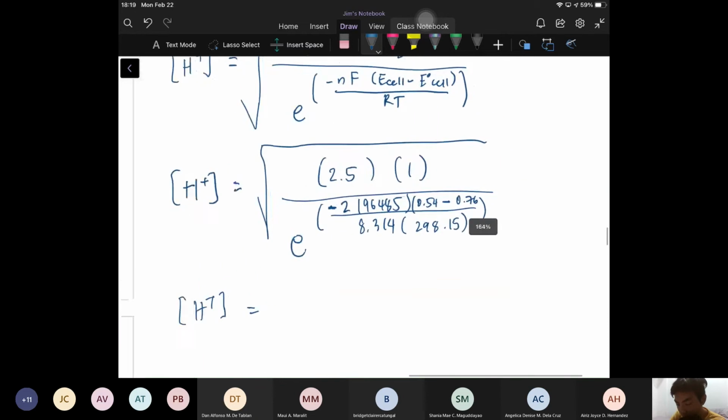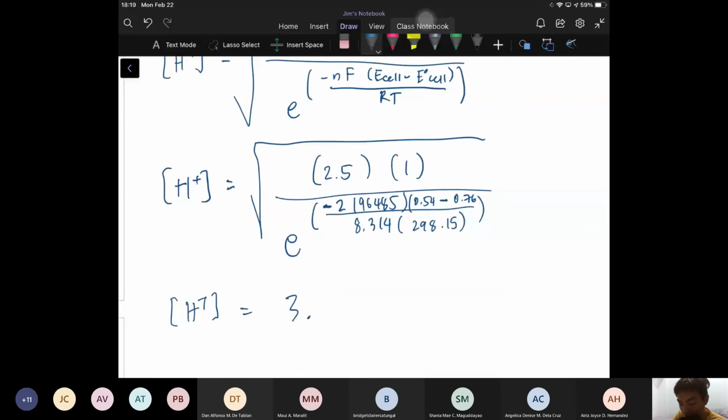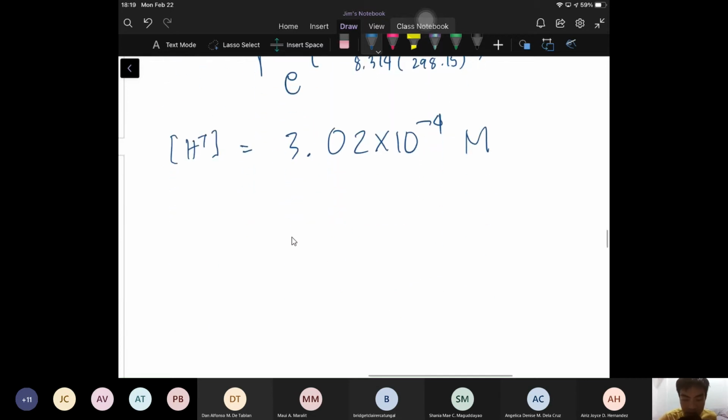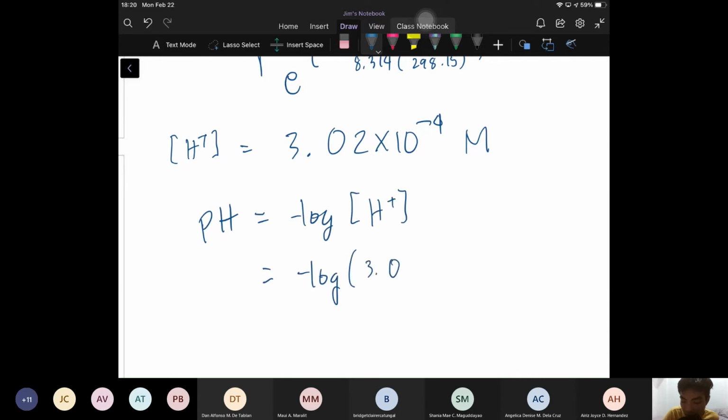So, the concentration of hydronium ion will be 3.02 times 10 raised to negative 4 molar. Sa dulo na nilalagay yung units. So, to get the pH, that is negative log of concentration ng H+. You just take the negative log of 3.02 times 10 raised to negative 4.